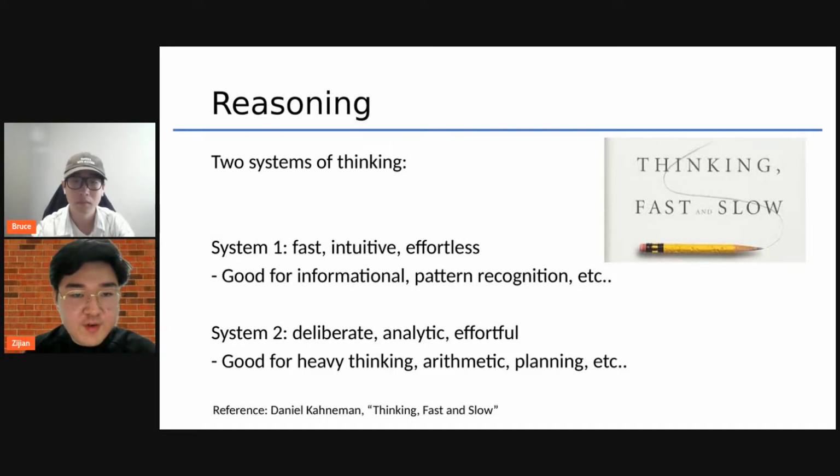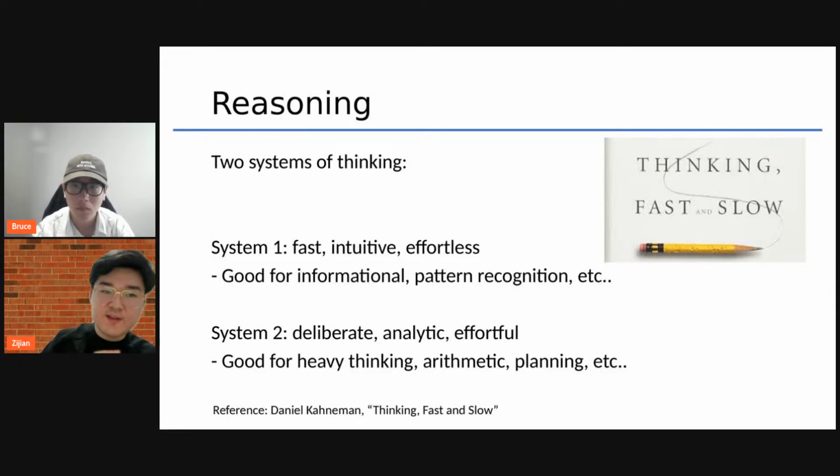The first category is the kind of fast, intuitive, effortless kind of reasoning, but that is not complicated at all. It's usually for you to get information, to sense the world, to recognize patterns. And in the AI world, we usually believe this kind of thinking process is easy.